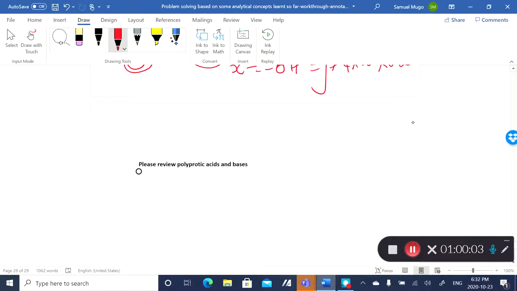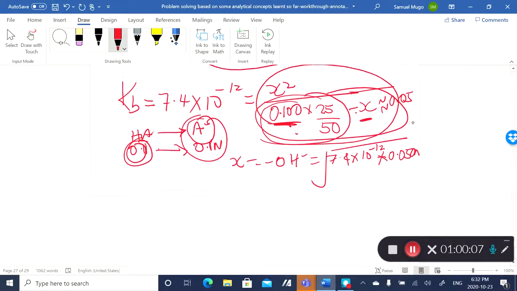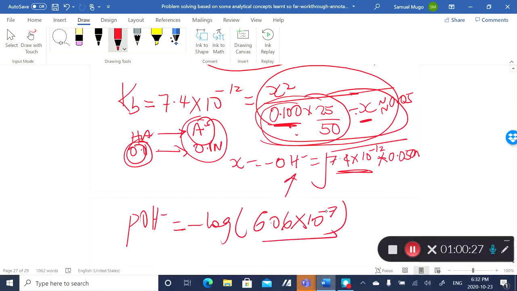Okay, and it would be true that it's going to be very, very small, because the Ka, or rather the Kb, is very, very small in this case. And so the pOH then equals the negative log of 6.06 times 10 to the power minus 7, which is what you calculate up there. Okay, and you're going to see it equals 6.21.